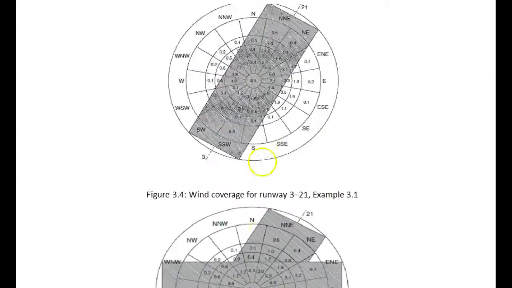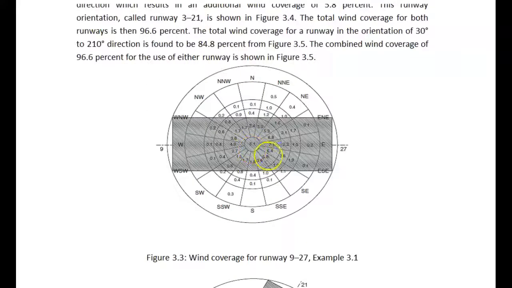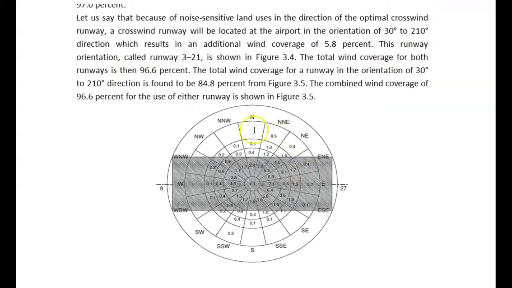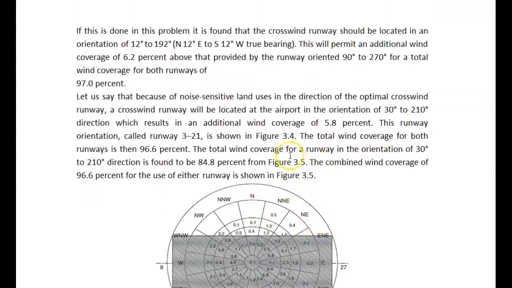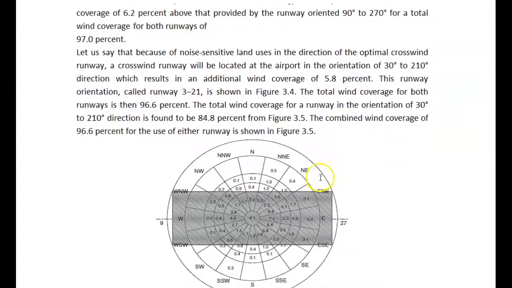These two runways are provided because the first one fails to meet the 95% criteria of wind blowing throughout the year. So we have to determine the second one, which is the crosswind runway. We must make sure that the combined average is at least more than 95.